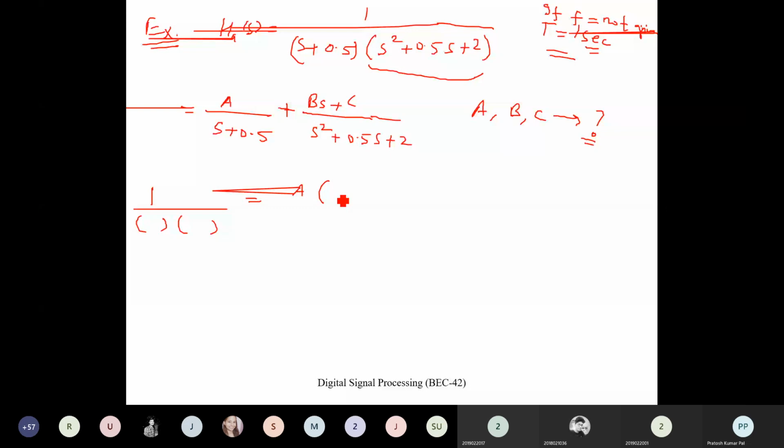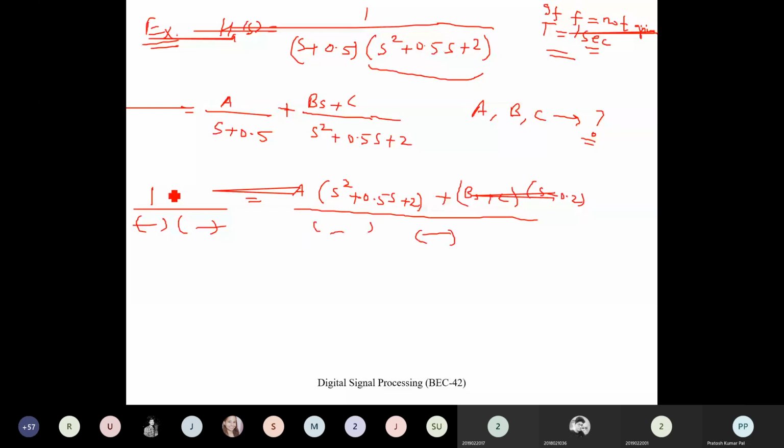Okay, so this will be having s plus 0.2 divided by the multiplication of these two terms, s plus 0.5 and s square plus 0.5 s plus 2. These two terms will be equal, and you can neglect them. So this multiplication will be replaced by one value.